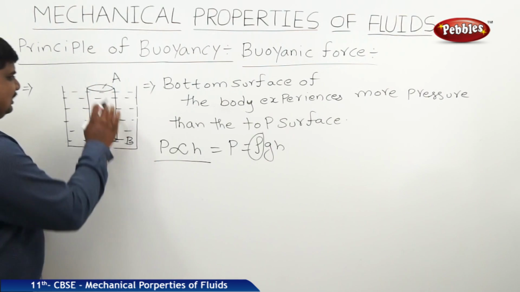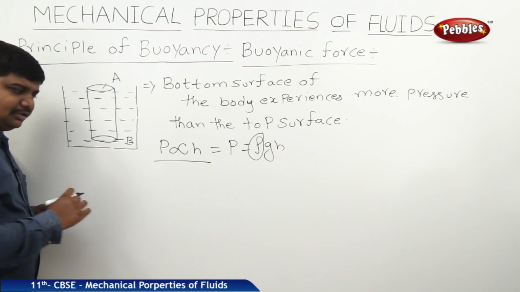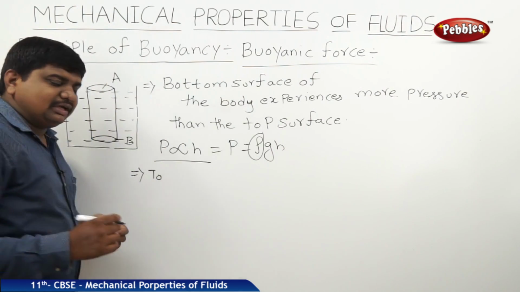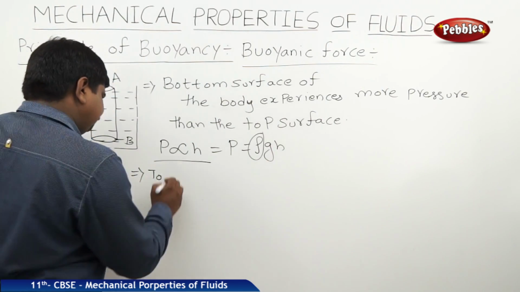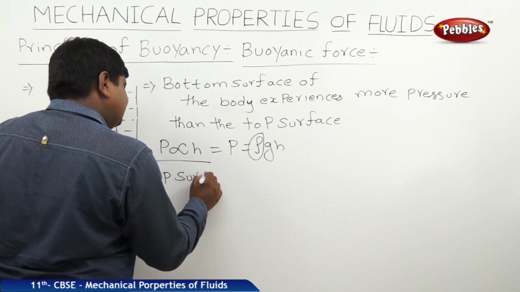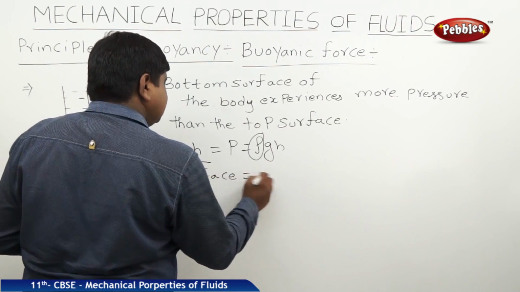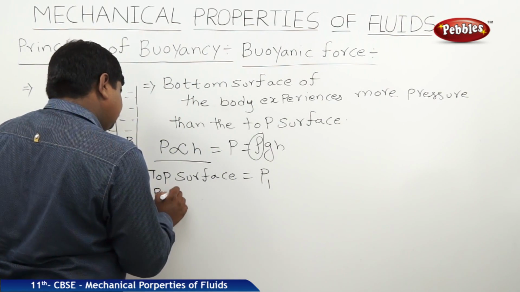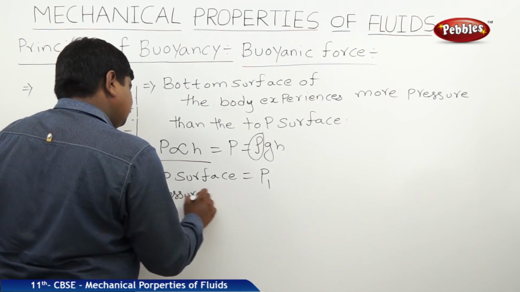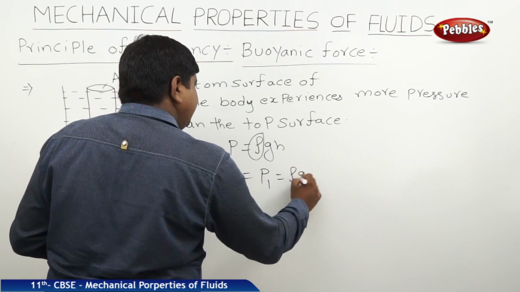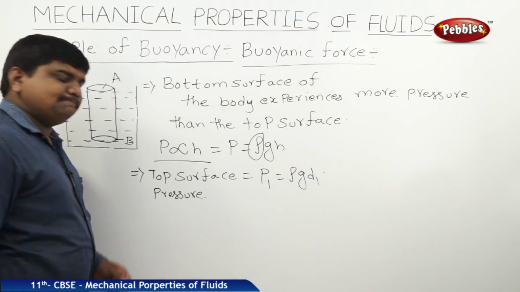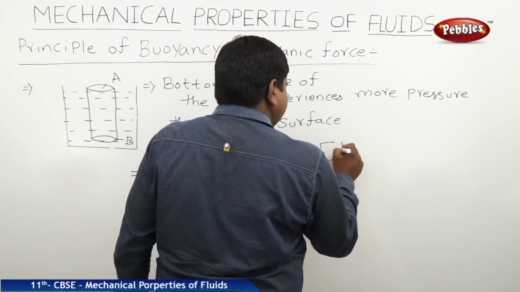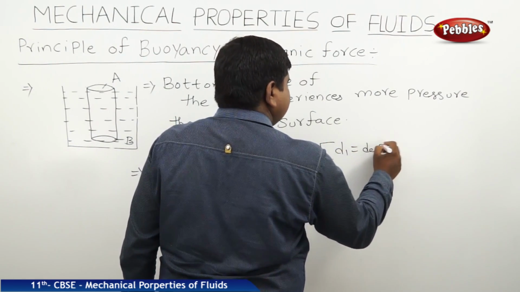So let us suppose this is the top surface A. On the top surface, the pressure P1 is equal to rho g D1, where D1 is the depth.